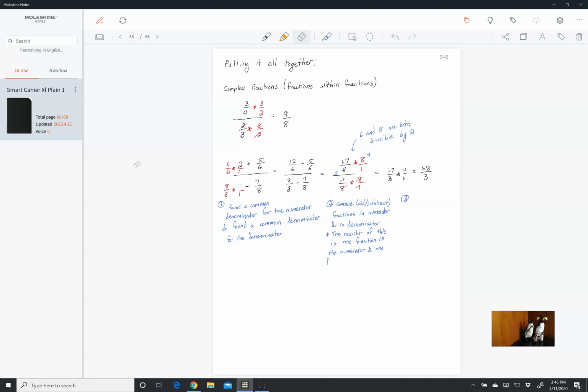That's ultimately what you want, because that's when you can do this last step of multiplying by the reciprocal of the denominator. Sorry, this should be denominator.